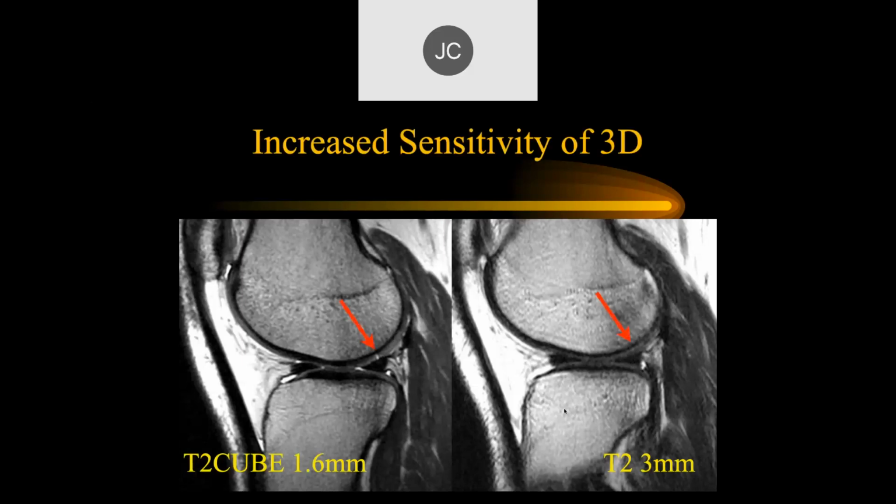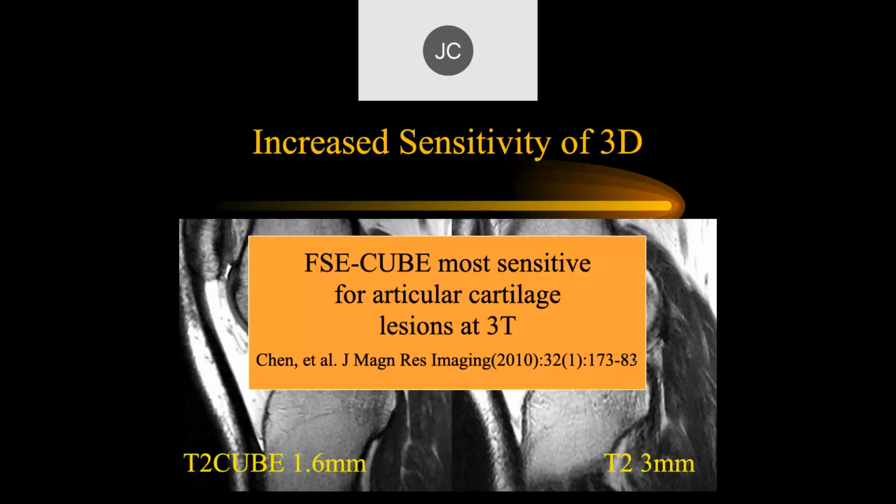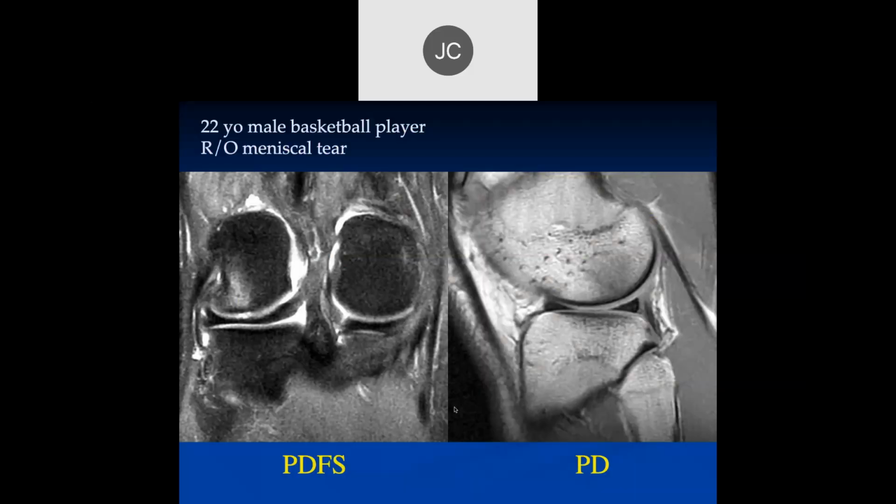So in this particular case, T2 gives us the right contrast to see it, but if you don't have the spatial resolution, you can lose it in partial volume artifact. So we found in this particular study, where one of the former fellows here was the first author, that T2 cube 3D imaging was more sensitive than standard imaging at looking at cartilage defects.